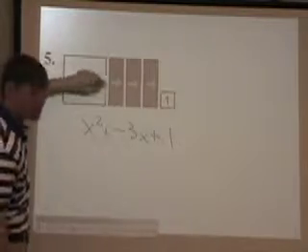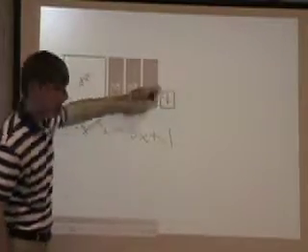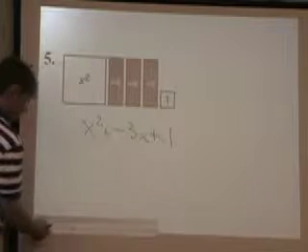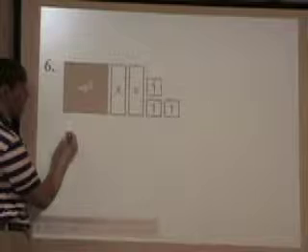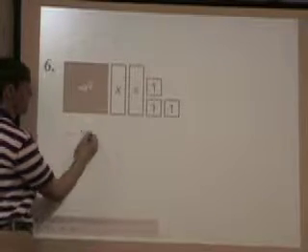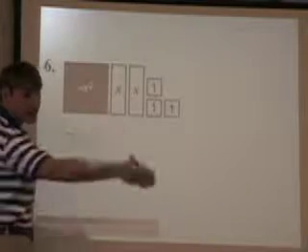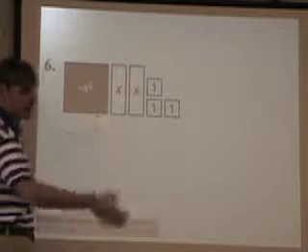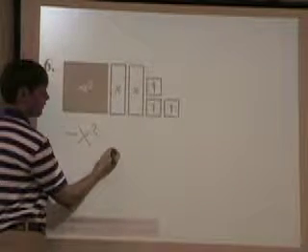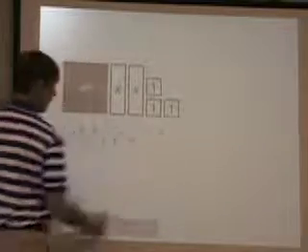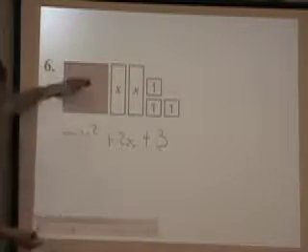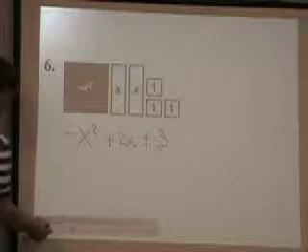When you have the tiles, you don't have to put a plus in between. Only when you write it as a polynomial. What about this one, Shane? Tell me the whole thing. Negative x squared. X squared plus 2x plus 3. Good. That's it. Algebra tiles into a polynomial.